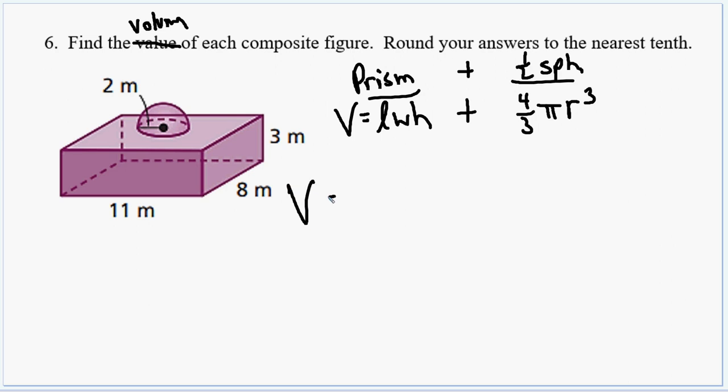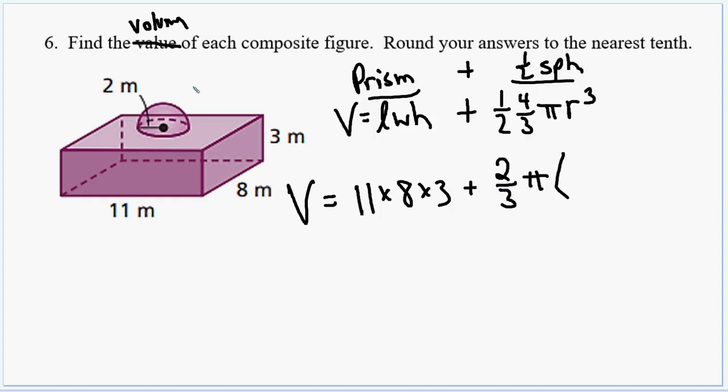So total volume. Down here, we're going to multiply the length and the width and the height. The order is not important. 11 times 8 times 3. And then we're going to add to that our half sphere. And I guess I need the half in front of the 4/3. So that's going to be 4/6, or 2/3 pi r cubed. 2/3 times pi. Our radius is 2, so that'll be 2 cubed.